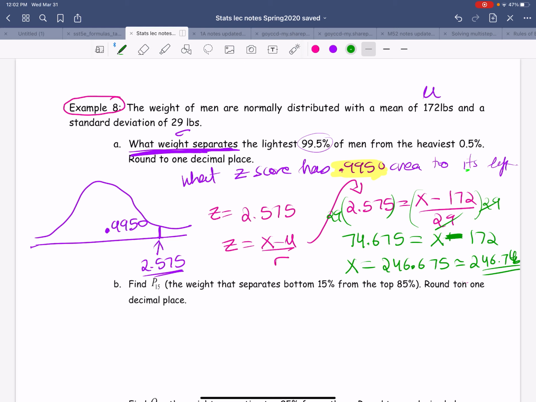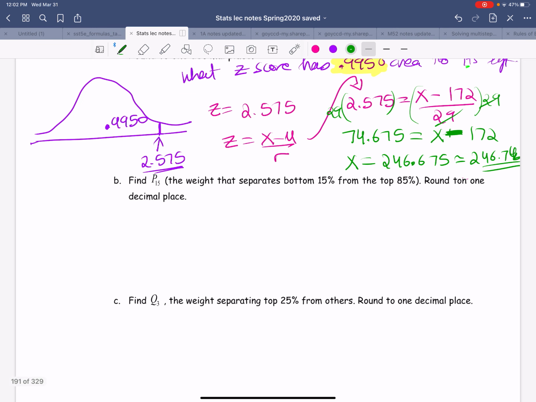Okay. All right. So anybody who weighs more than 246.7 pounds will be in the top 0.5% on the heavier side. Anybody who weighs 246.7 or less would be in the lighter 99.5% range.